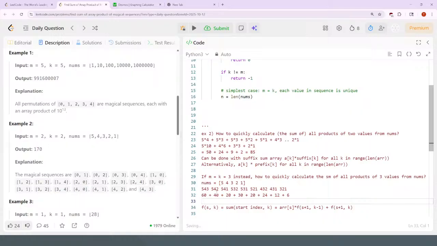So this is 100, 20, 30 is 150, and then 24, 6 is 30, plus 20 is 50, plus 12 is 60, plus 2. Each of these is 3 values that can be rearranged, so times 6. So therefore it's going to be 1272.